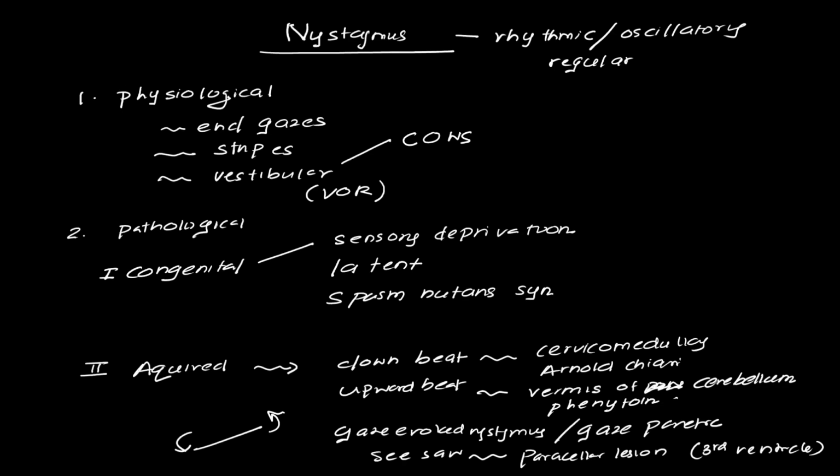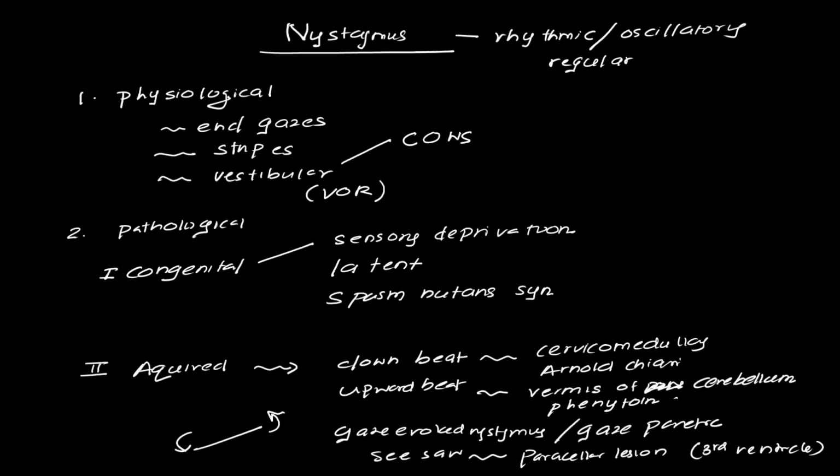but still I think that you have got a little bit of an understanding. So for the acquired conditions, you should ask the patient to look sideways and up and see whether there is any sort of nystagmus that you can pick up. If you pick up upward beat or downward beat, then you know what the problem is. Or else it could also be a gaze-evoked nystagmus once you're moving horizontally, and a gaze-paretic one once it is fixed in a certain position.